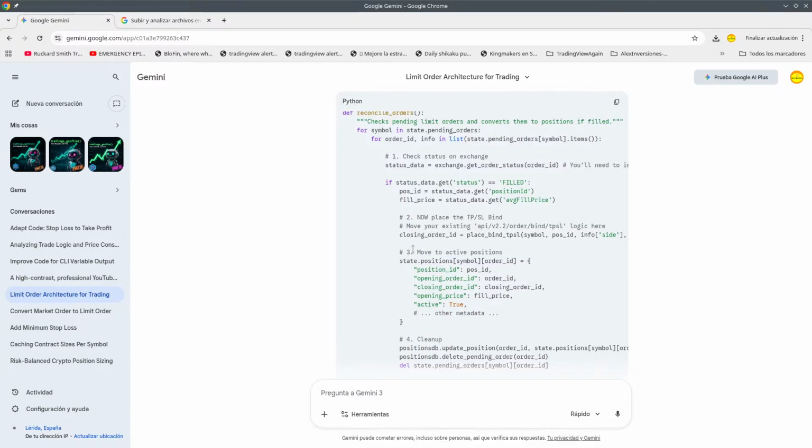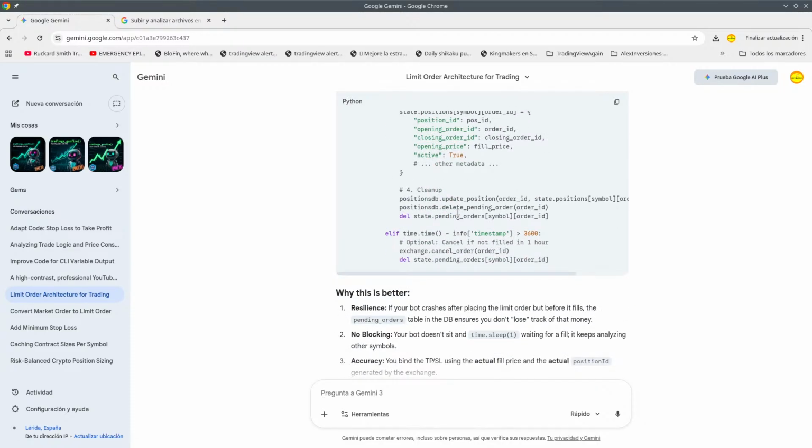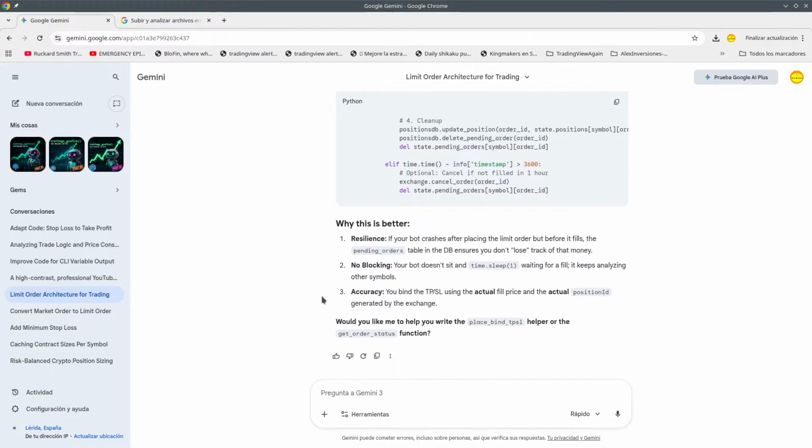It also tries to place a take profit stop loss band, which sometimes works, sometimes does not work, and moves this into active positions. Then we can update the position, delete the pending order, and cancel the order if it's not filled in 1 hour.